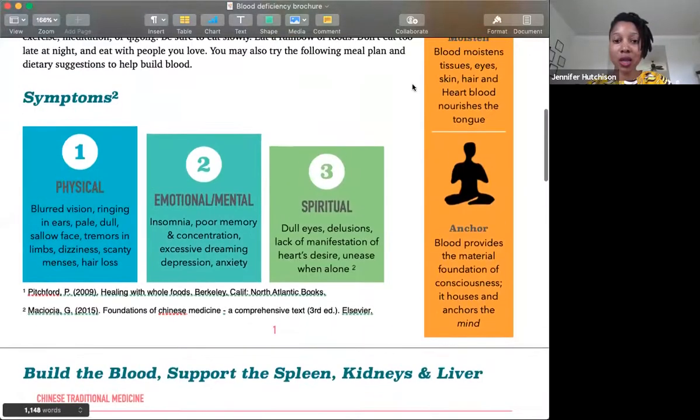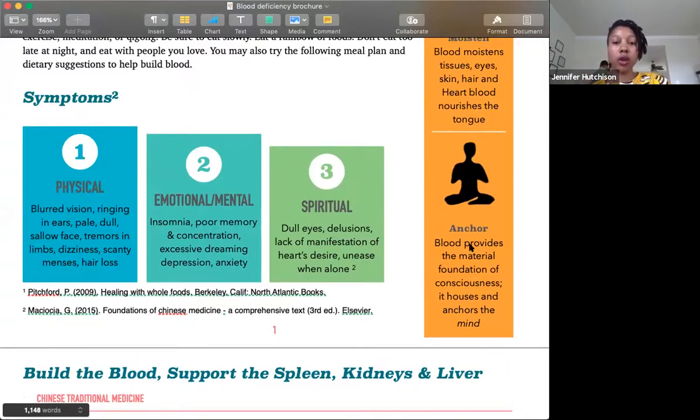Okay, so let's go back to talking about the spiritual aspects of the symptoms. I was saying before how you may experience dull eyes, delusions, lack of manifestation of the heart's desire, unease when alone. And I was making that connection with one of the functions of the blood, which is anchoring the mind.